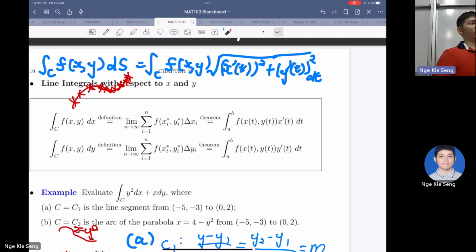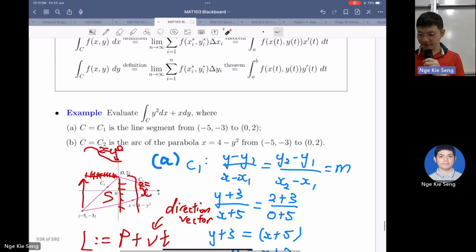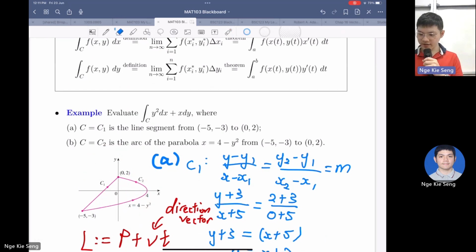For example, just now we integrated along this C1. Where's the x interval for C1? From -5 to 0.